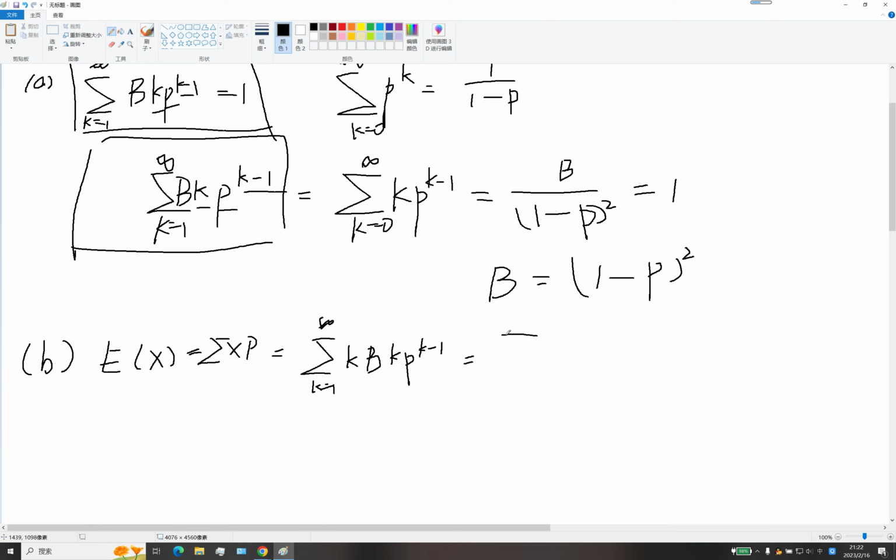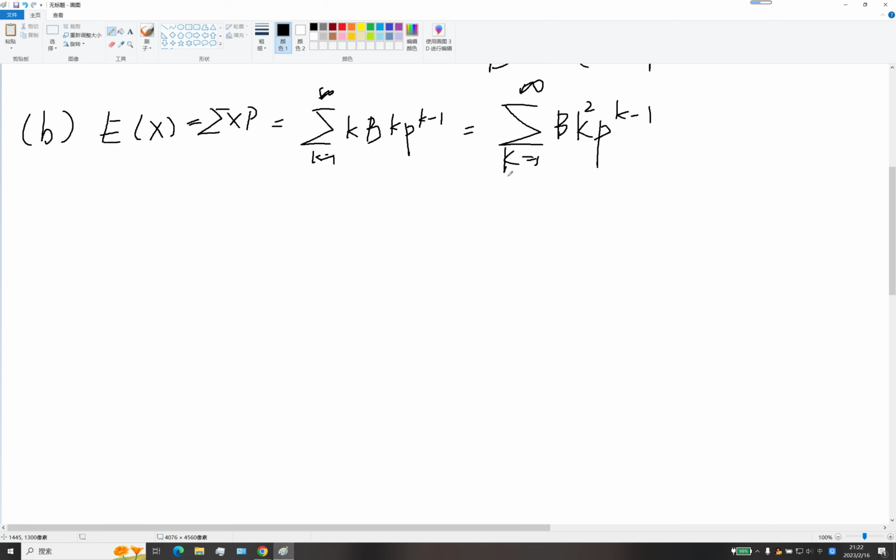So what we should get is this, and now we know what b is, so we just calculate this part. From this part we can get it from this one.